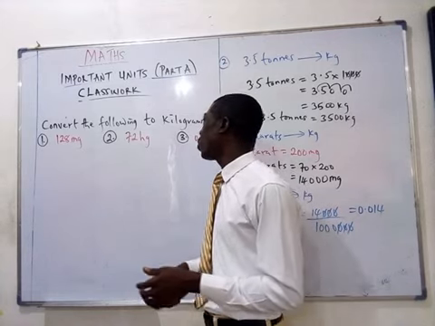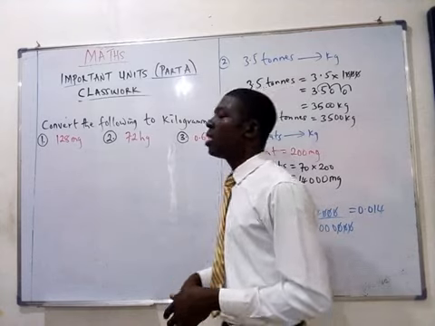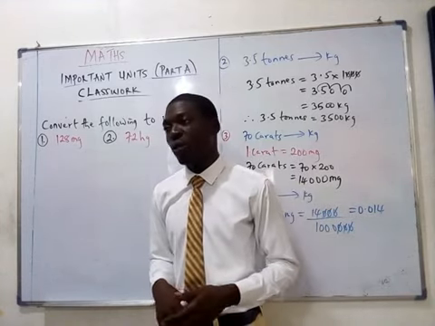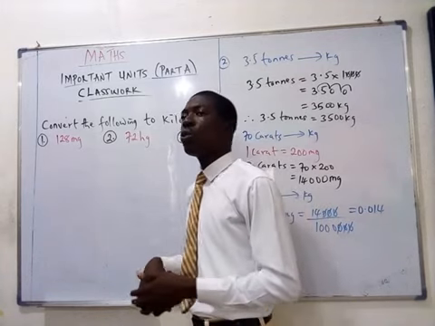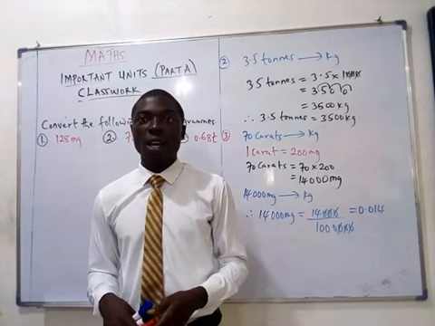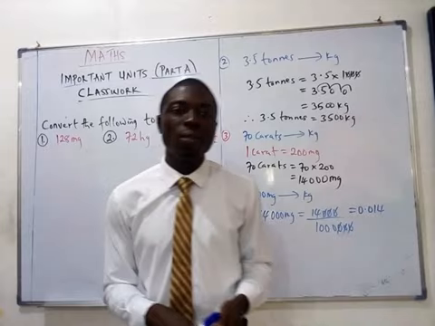So 72 hectograms to kilograms. And then the last one, you have to convert 0.68 T. What's the meaning of that T? Oh, ton. That's correct. So you have to convert 0.68 ton to kilograms. So make sure you do the work. Make sure you do it, right?